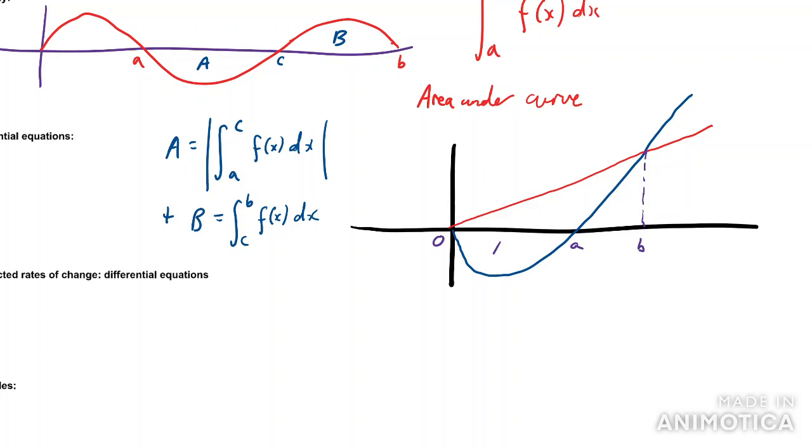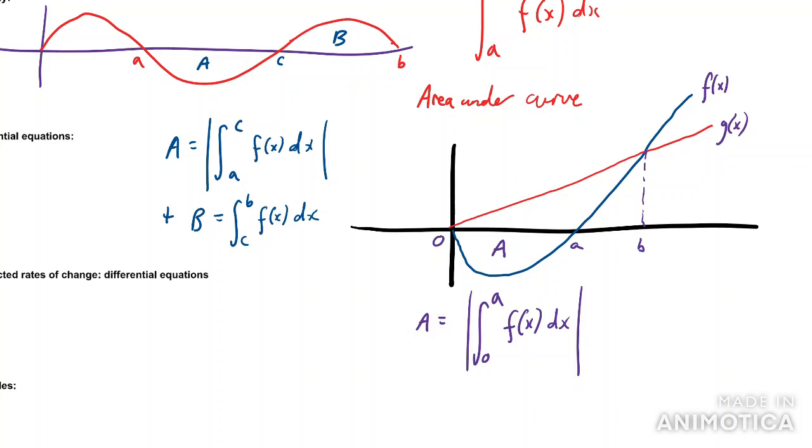Well, it should be very clear that A, and they want the area, remember, A is going to be negative. So that's going to be the integral between 0 and A of f of x dx. And I'll just call this line f of x and this line g of x. So that's going to be negative, so I'm immediately going to want to modulus it to make it positive.